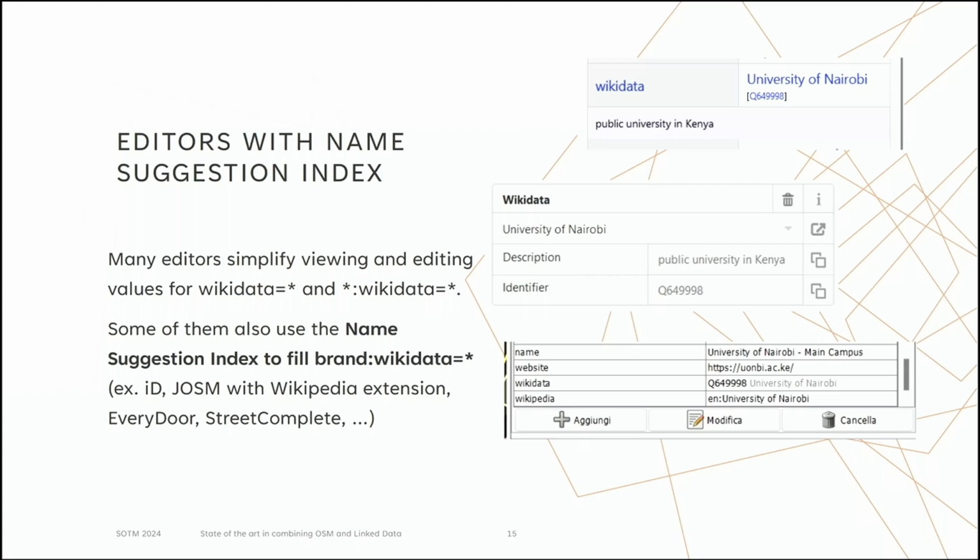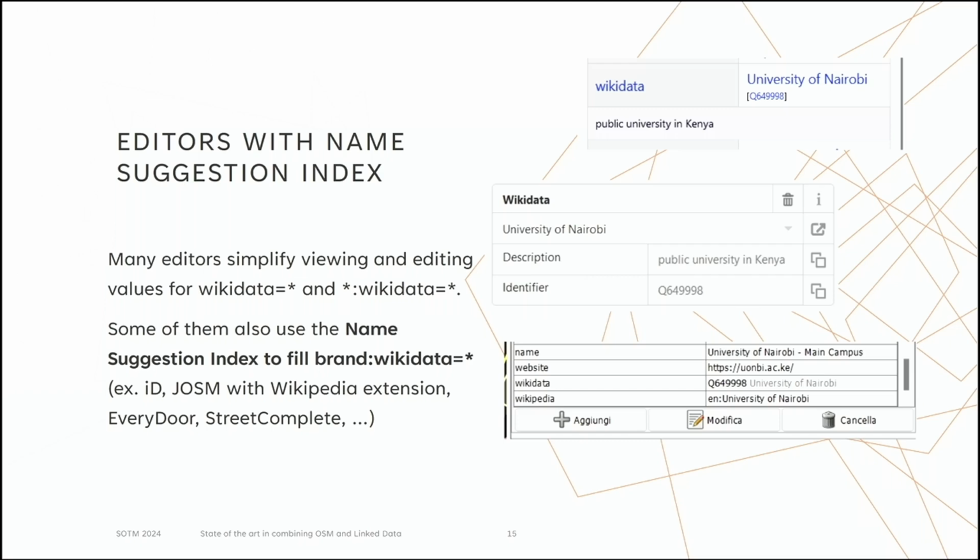The slides are a bit wrong, but editors like iD, JOSM with an extension, and MapComplete give the user the option to view the OpenStreetMap element with the label specified inside the Wikidata entity, besides the QID, making it easier to analyze OpenStreetMap elements. It also allows, when tagging, searching Wikidata elements by text and automatically using the QID as the value for the Wikidata tags.